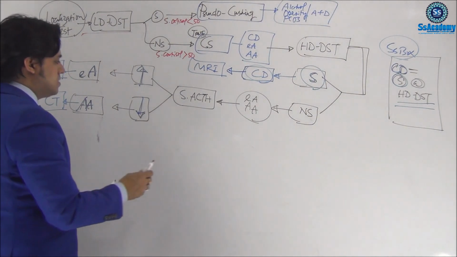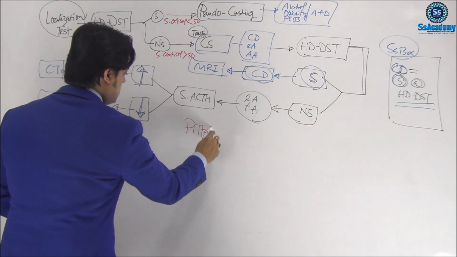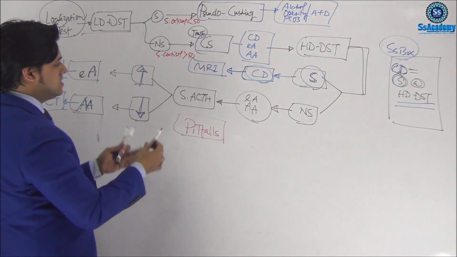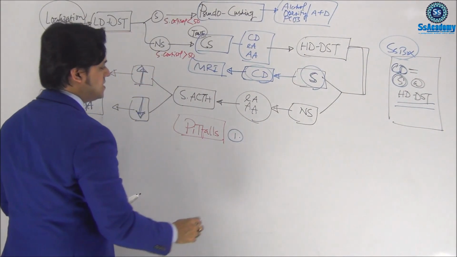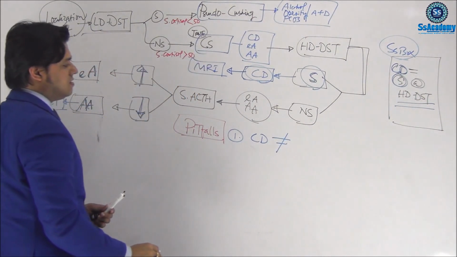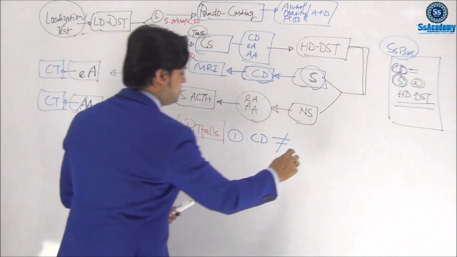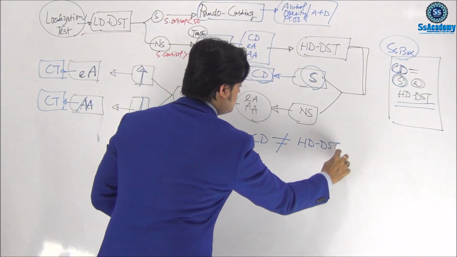We will now write the pitfalls of this test. Pitfalls means some abnormalities of this test. Number 1 pitfall is that pituitary Cushing disease is sometimes not suppressed by HD-DST.